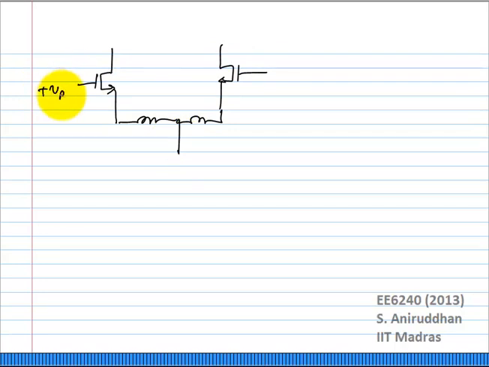One last thing I wanted to cover is, actually two things. Let us take the case of something like this as an example. Let us take a differential transconductor with inductive degeneration.